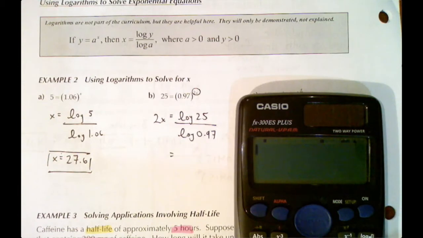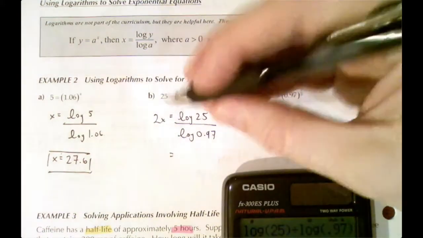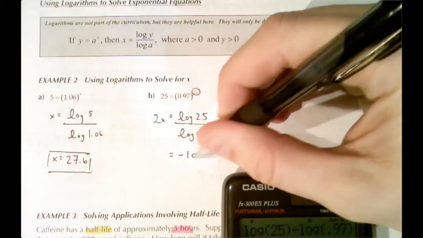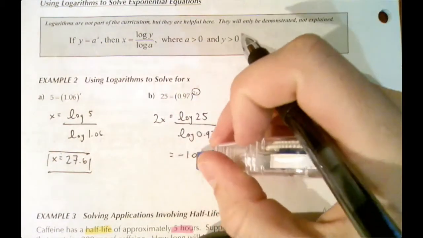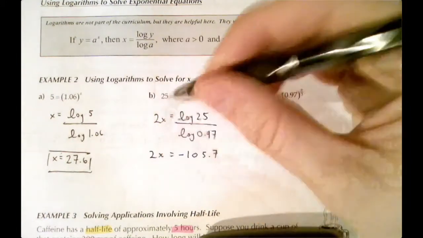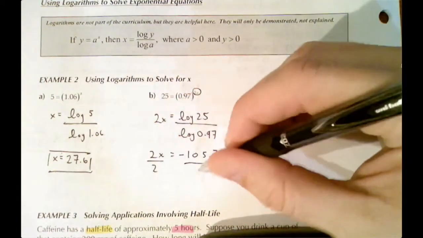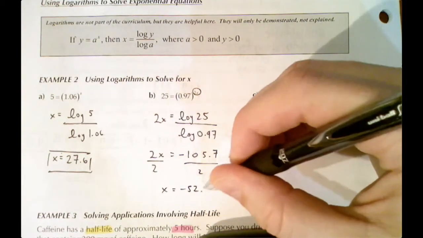Log 25 divided by log 0.97 equals negative 105.7. Oops, put an extra point in there. Negative 105.7 is 2x, but if we want just x, we gotta divide by 2. And we end up with negative 52.